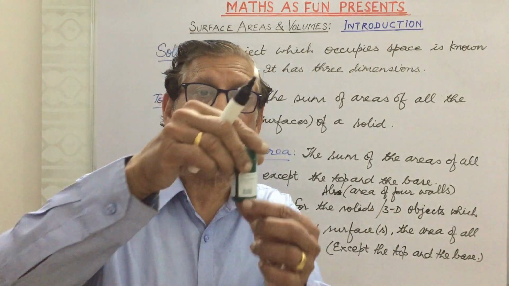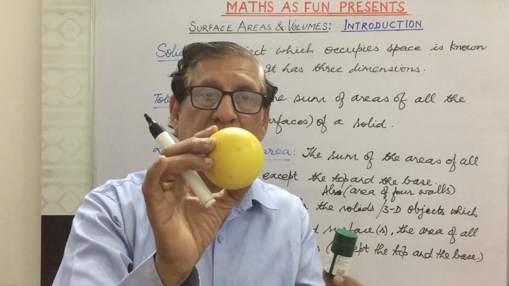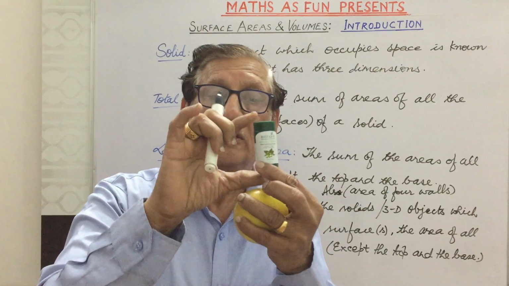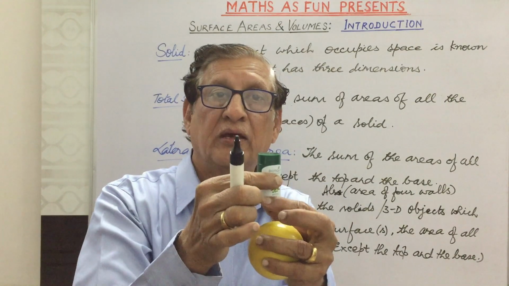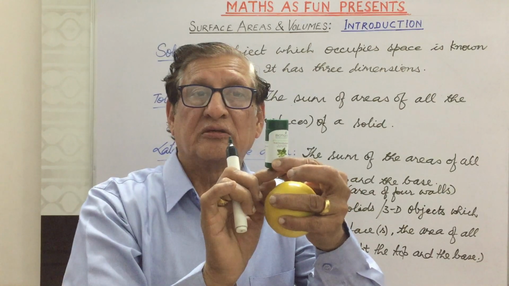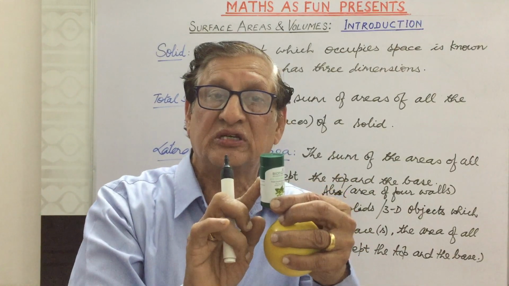Then we come to the curved surface area. Like we have seen here in the case of a cylinder or a sphere, the surface is curved. In a cylinder, this is a curved surface. If we leave the top and the base, the area of only the curved surface is known as its curved surface area.